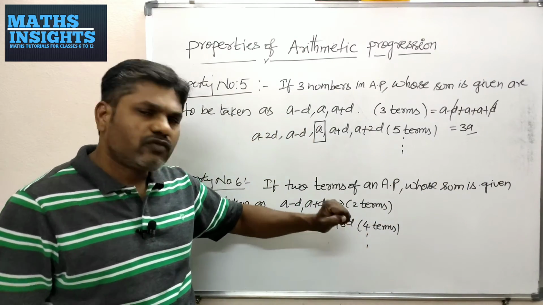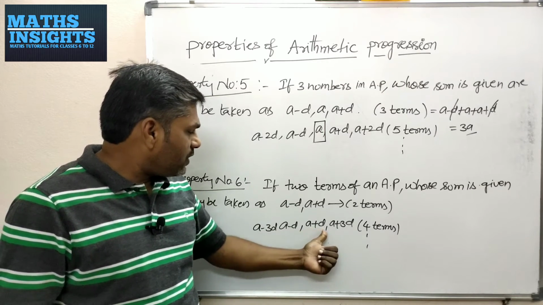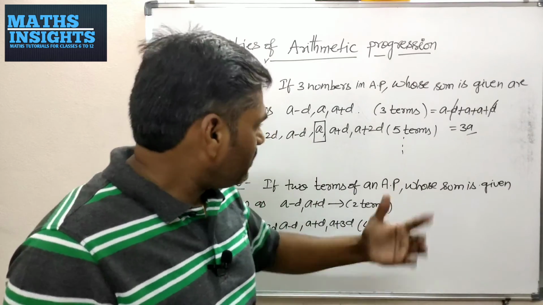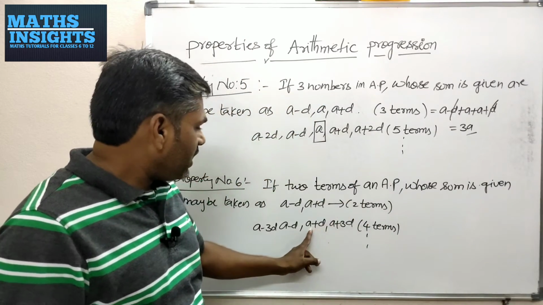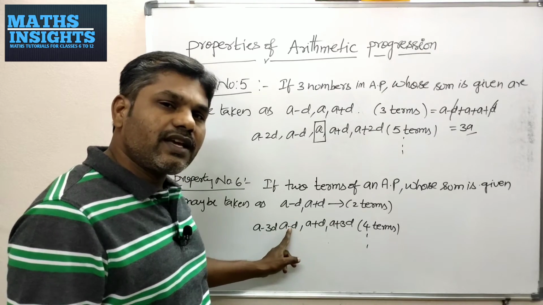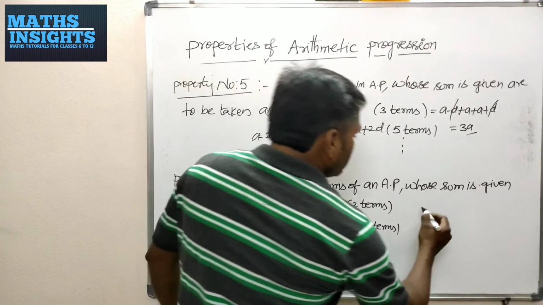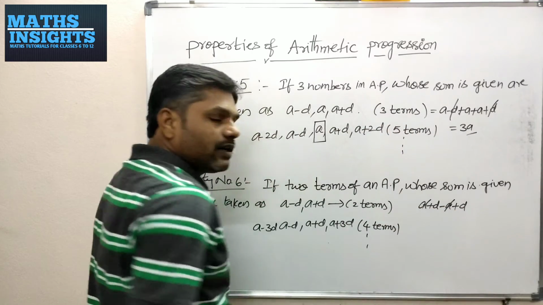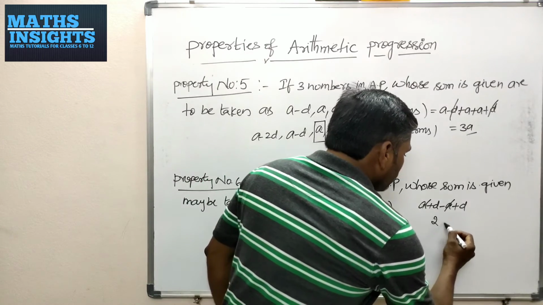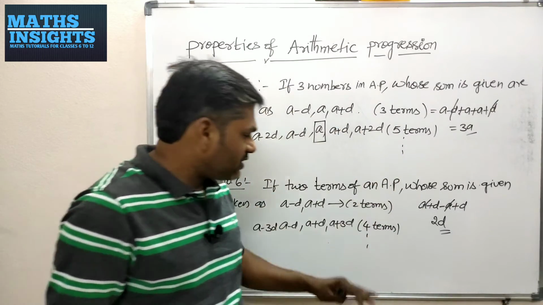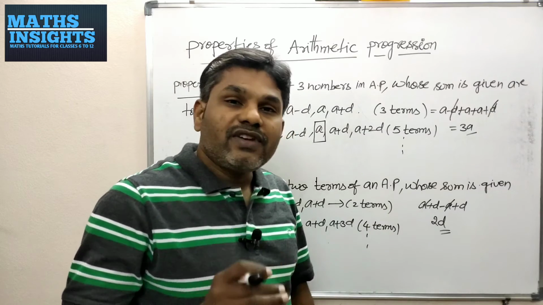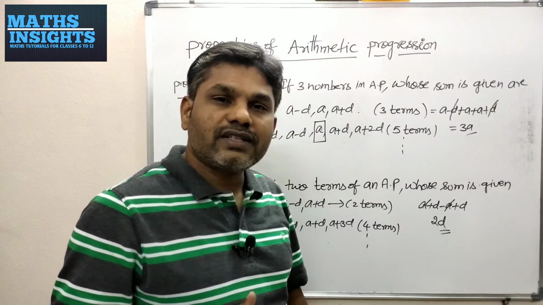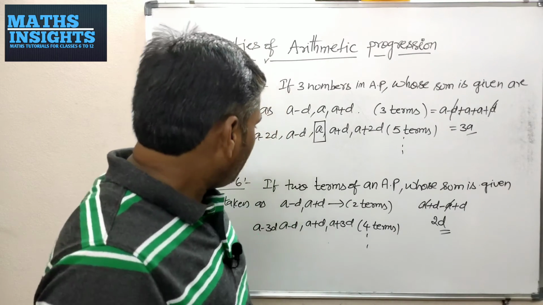Similarly, if you want to assume 4 terms, start with a plus d and a minus d. Then the common difference here is 2d, not d. If you observe, a plus d minus a minus d becomes 2d, since minus a plus a gets cancelled. You will have 2d as your common difference when you assume an even number of terms, when the sum of the terms is given and you want to find the terms of the arithmetic progression.